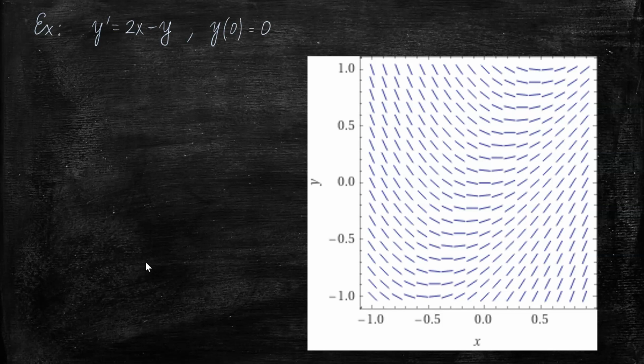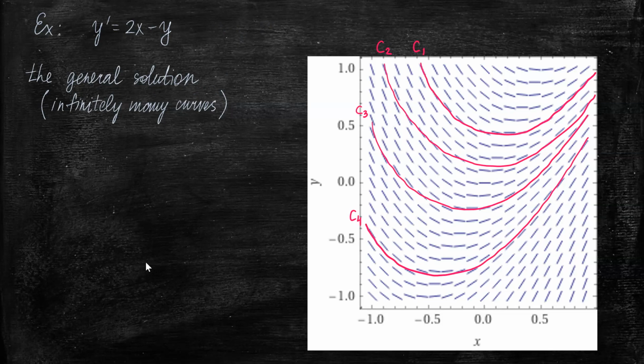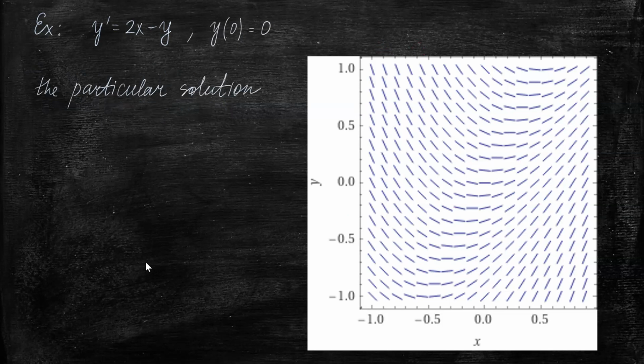When an initial condition is given, we should be able to visualize the particular solution associated with this initial condition. So unlike the general solution, the particular solution is one curve passing through what? Well, whatever your initial condition is.